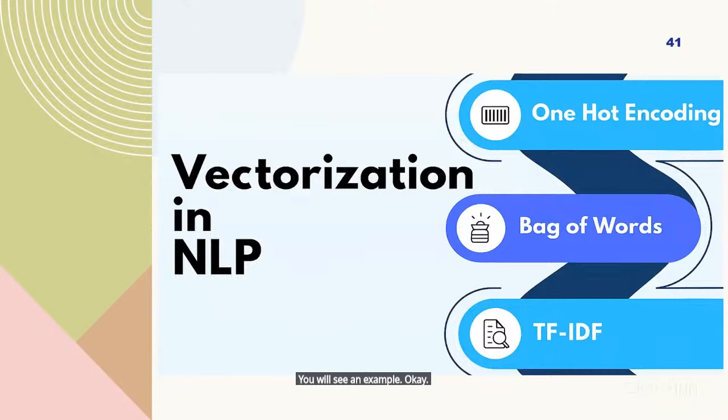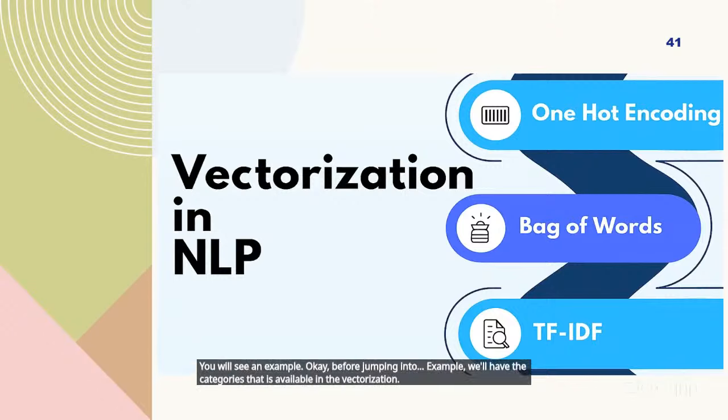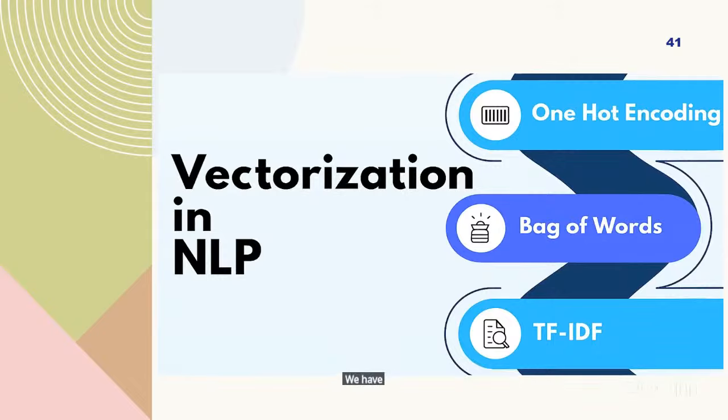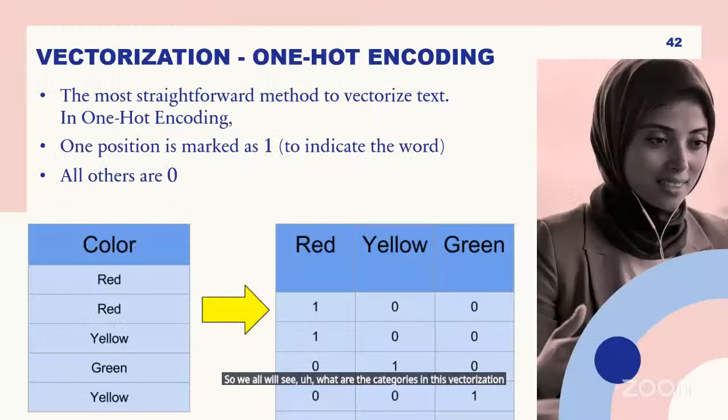Okay, before jumping into the example, we'll look at the categories available in vectorization. We have one hot encoding, bag of words, that is also called BOW, then TF and IDF. TF is this term frequency. So we will all see what the categories in vectorization in NLP are, in detail.